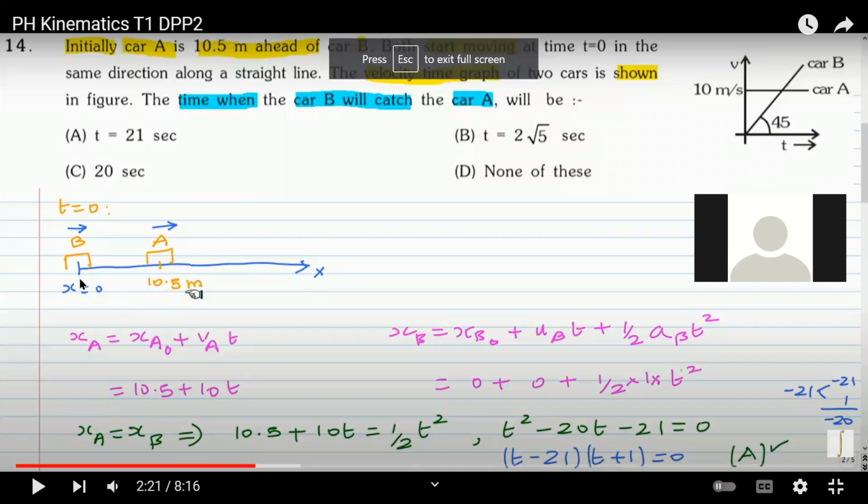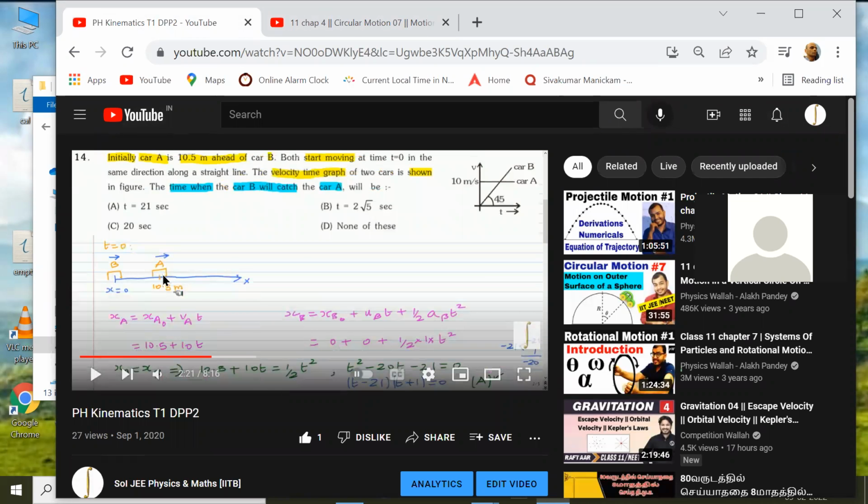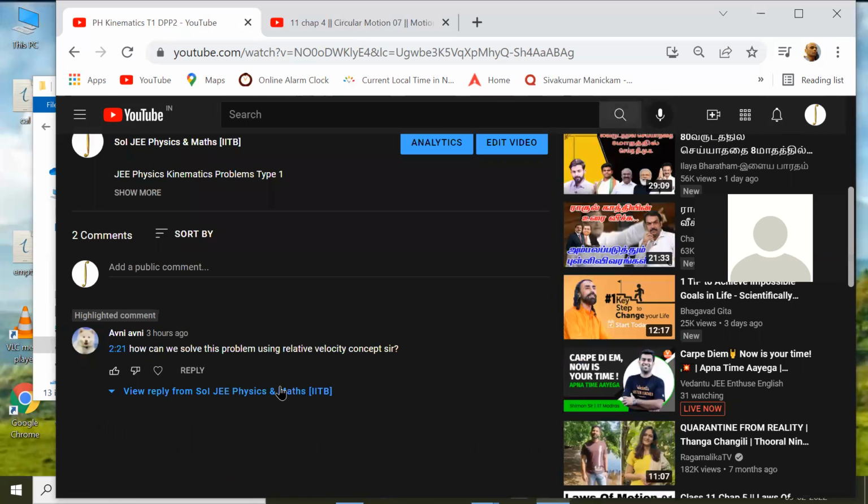So here, this method you understood, right? Yes, sir. Okay, so in the second case, you just have to choose the reference frame attached to A, because A is moving with uniform velocity. So with respect to that frame, you write all equations of motion.